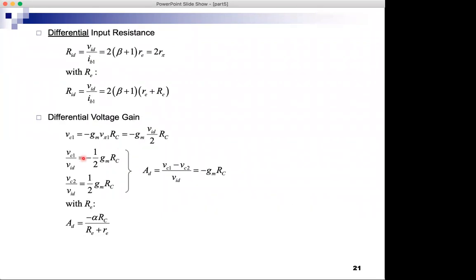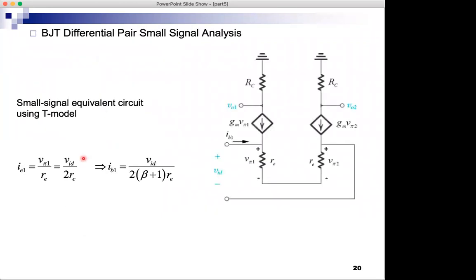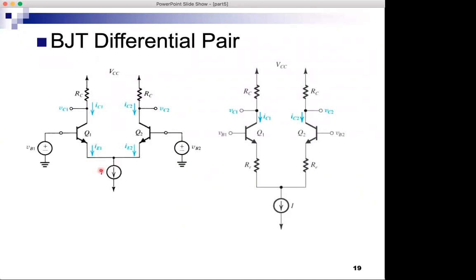So back to this circuit. Here, this is my IEE, and now I'm saying that it's not ideal, so it will have an output resistance in the signal analysis equal to REE. But then I want to split this REE between the two parts of the circuit. So I will have 2 REE here and 2 REE here.